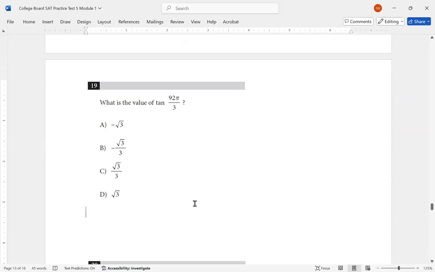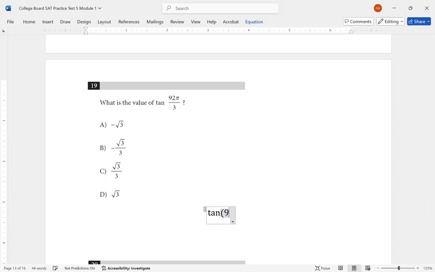19 says, what is the value of tangent of 92 pi over 3? Now, what I would do in a question like this, I like to solve this in the easiest way I can.